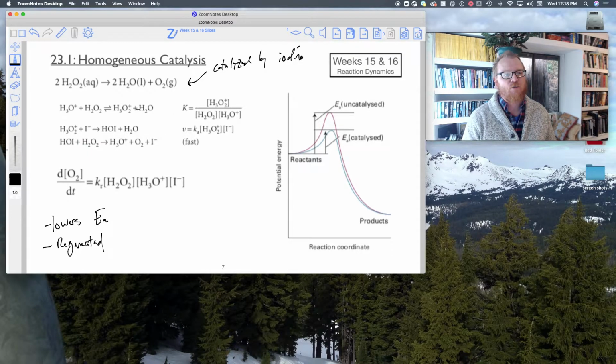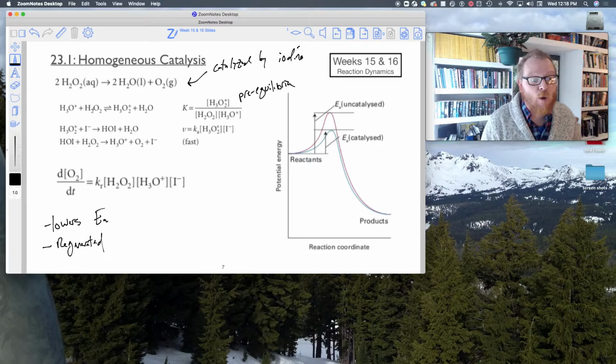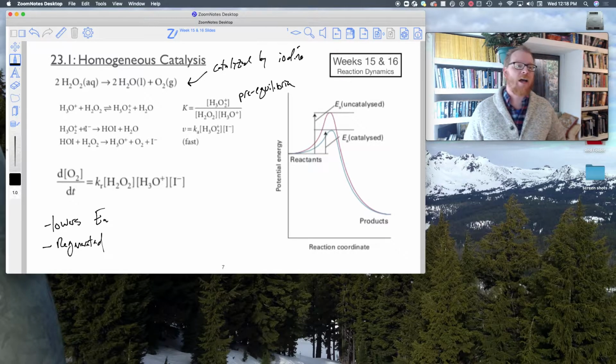So there's actually this rather complicated acid-base pre-equilibria. So this step is often referred to as the pre-equilibria step because it involves a hydronium ion donating a proton to hydrogen peroxide to make this rather odd H3O2 plus cation.